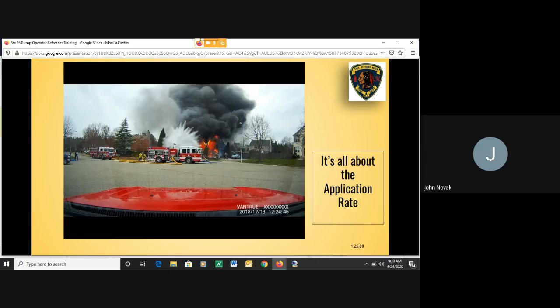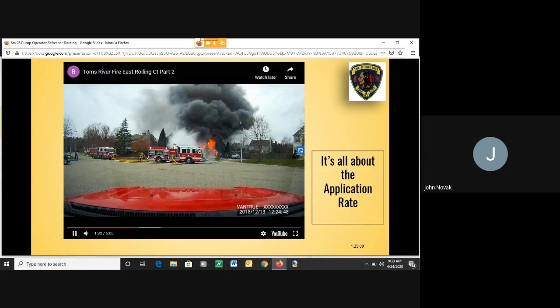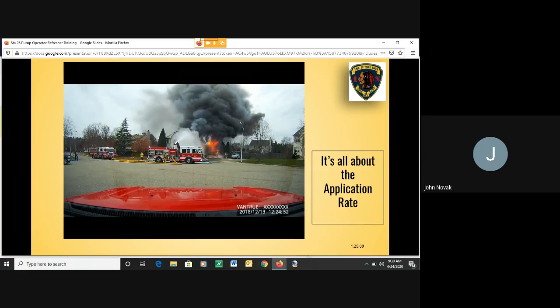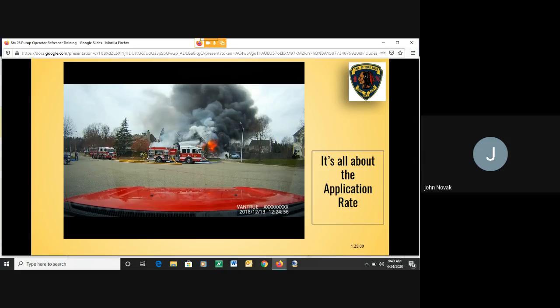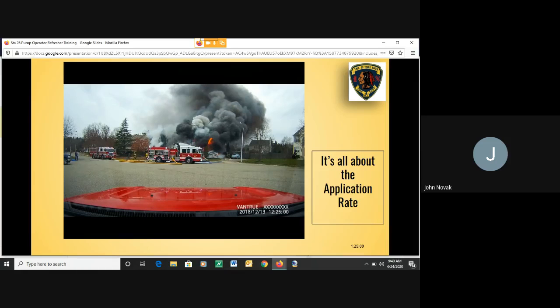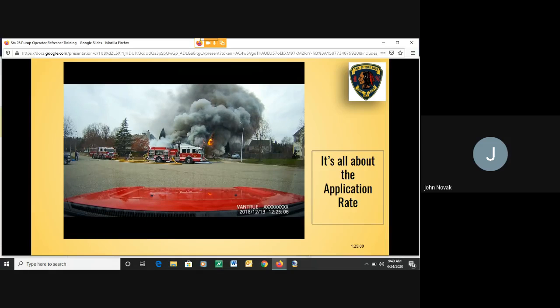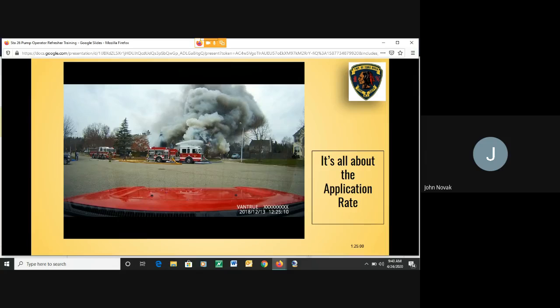But now we're going to get this deck gun going, and you can see how fast the fire darkens down once we start to apply a heavy stream of water onto the fire. We start to knock down a lot of the fire, and then once we knock down a lot of the fire from the outside, we can go in and finish extinguishment with the hand lines. So there's a good example of application rate.